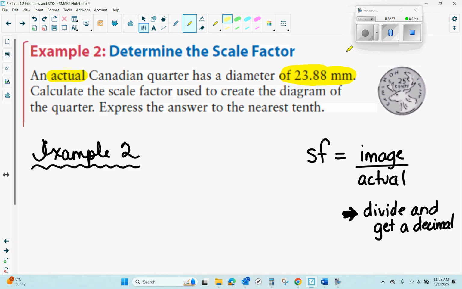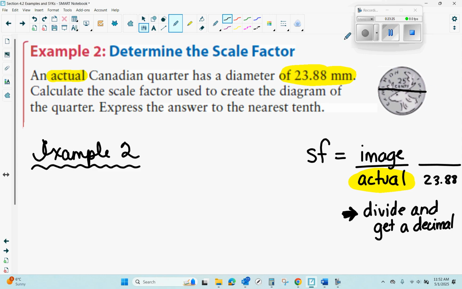Okay, so you need to measure, because we have the actual given to us, 23.88. I also need the image measurement, and then I can just divide those numbers, and that will give me my scale factor. So please take a ruler right now. Pause this and get one if you need it.